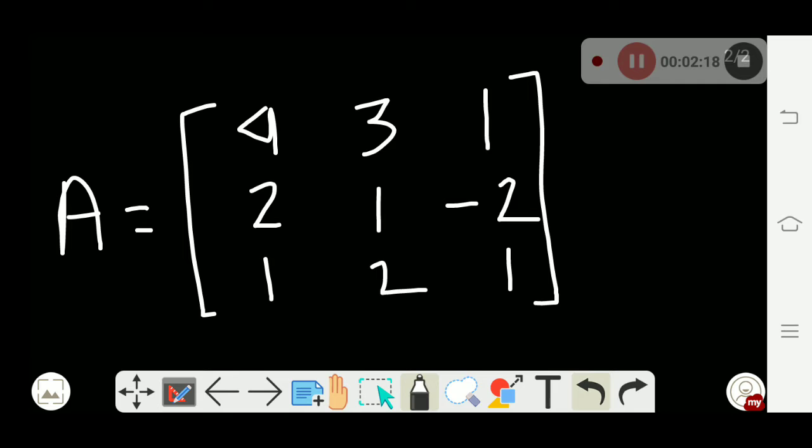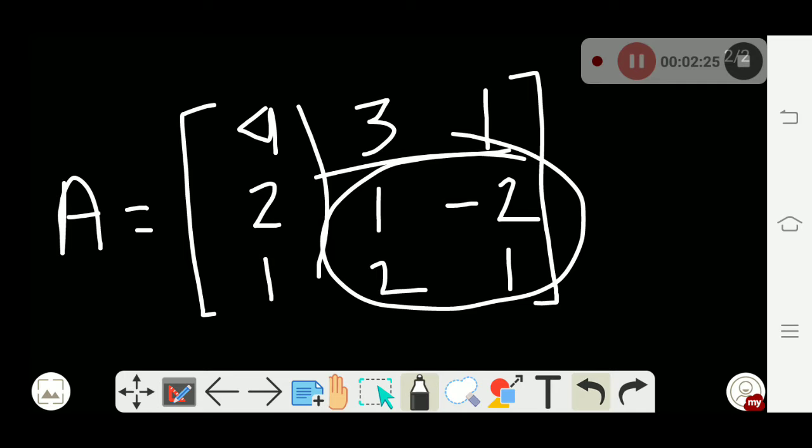If you do this in the general method, you have to hide this line and this line, take this as a product and so on. You know how to solve this. But here I am going to discuss a shortcut.